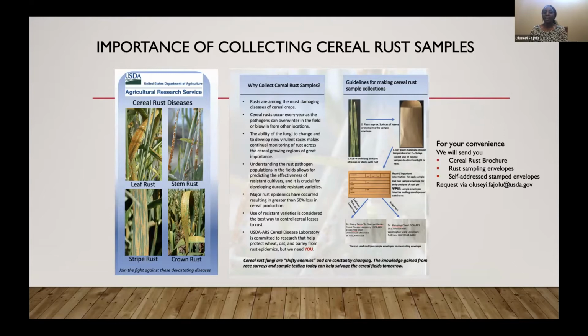The virulent isolates present in the field could vary from year to year, but the good news is the CDL is committed to research that helps protect cereals from rust epidemics, but we need you. We need you to send us rust samples. We need you to share the information.